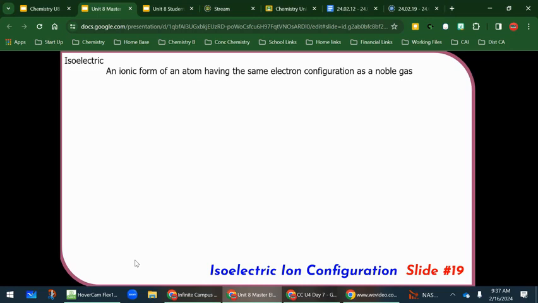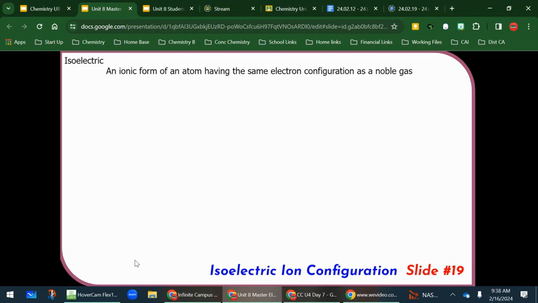What will beryllium look like when it becomes stable? Helium. What will carbon look like when it becomes stable? Neon. What about nitrogen? What about oxygen? What about fluorine? What about sodium? Neon.